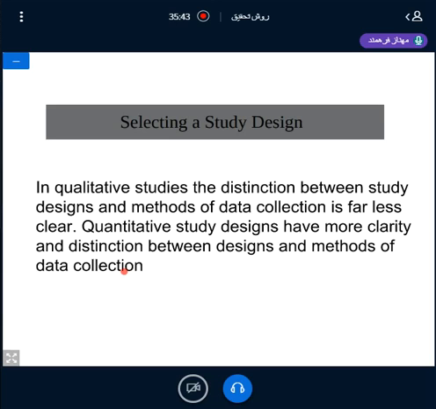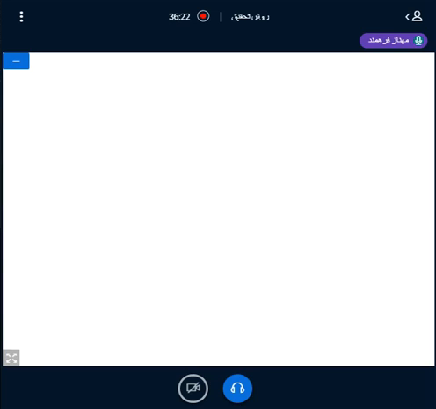So, for designing the study and the form of study design, we have to know if our study is qualitative or quantitative, that we have studied before. Quantitative studies are more clear than qualitative studies. And the form of the study design is related to the methods for data collection that you are going to study.